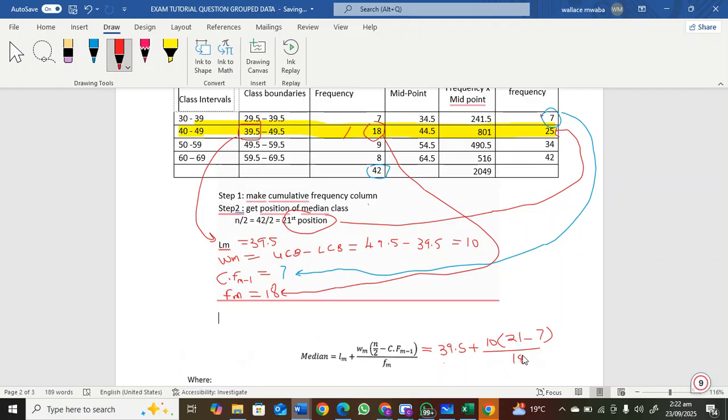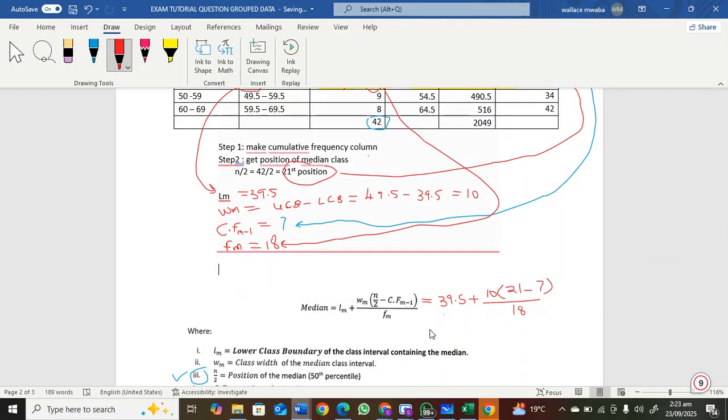So 21 minus 7, that is 14. 14 times 10, 140. 140 divided by 18, we get 7.77. So we have 39.5 plus 7.7.